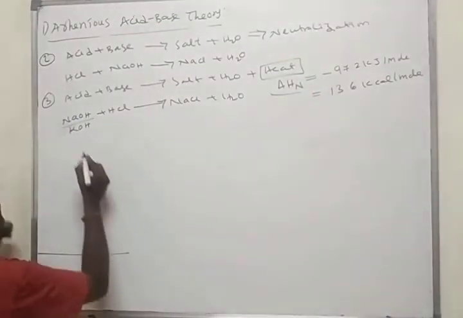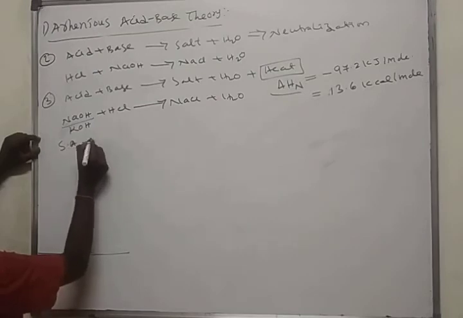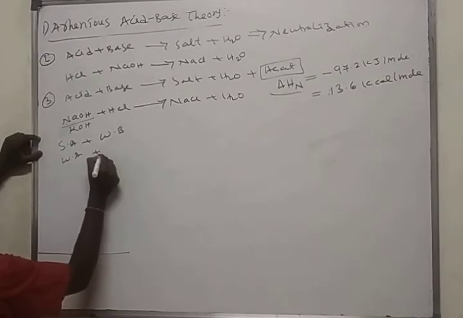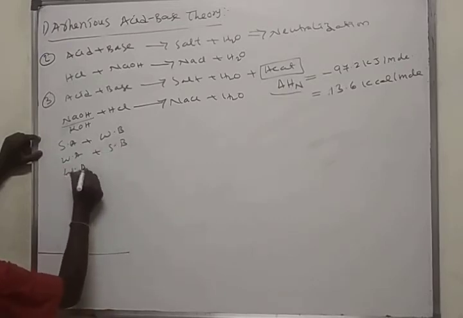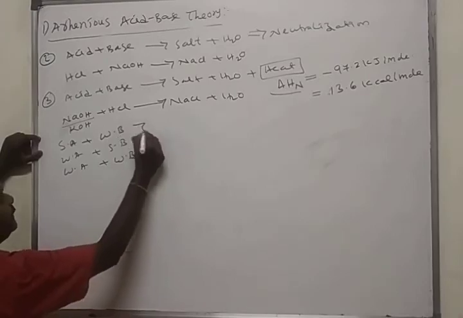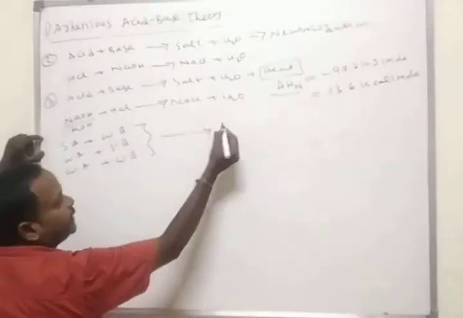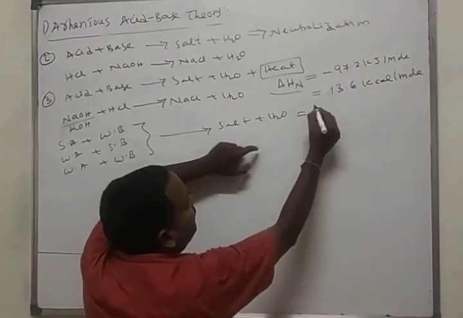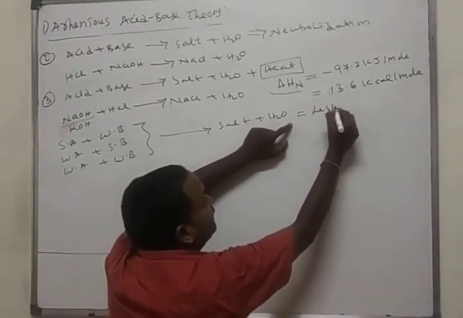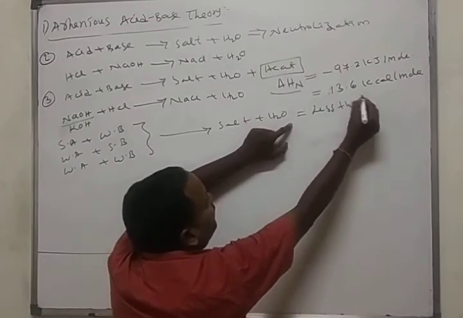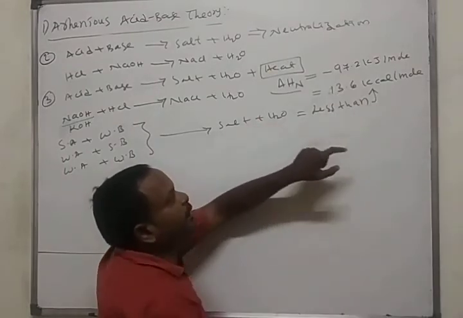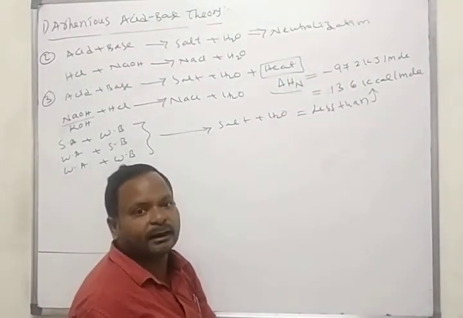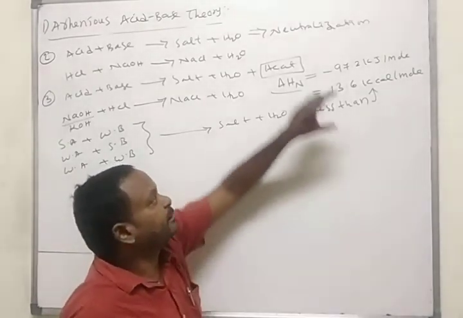If you take a strong acid with a weak base, a weak acid with a strong base, or a weak acid with a weak base, salt and water are formed, but the heat of neutralization is less than 97.2 kilojoules per mole, or 13.6 kilocalories per mole.